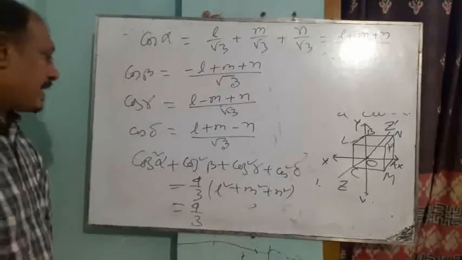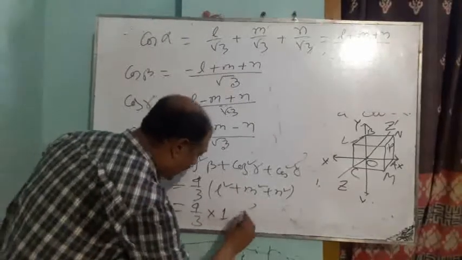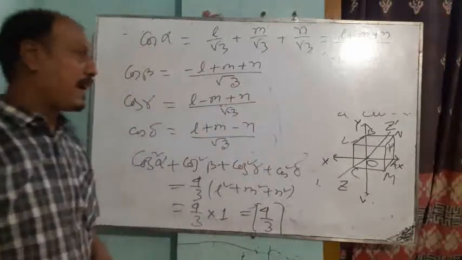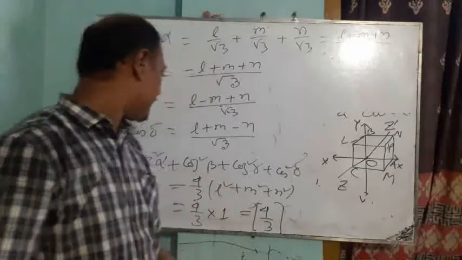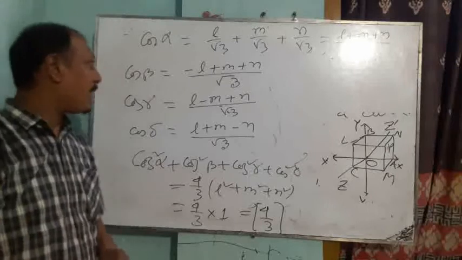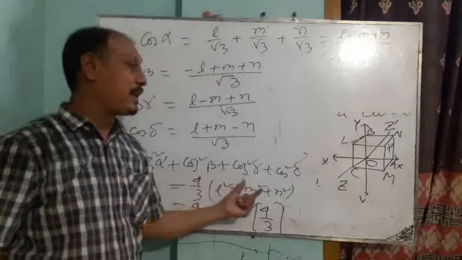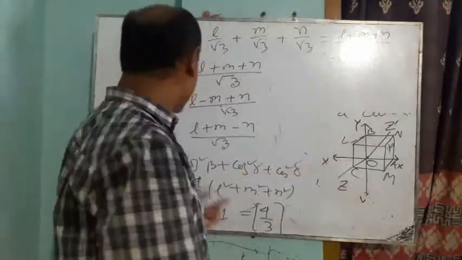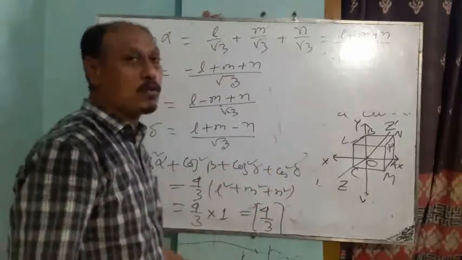We know that L square plus M square plus N square equal to 1, so it equals 4 by 3. Then we can say that if L, M, N be the direction cosines of a line and this line makes angle alpha, beta, gamma, delta with the 4 diagonals of a cube, then cos square alpha plus cos square beta plus cos square gamma plus cos square delta equal to 4 by 3.